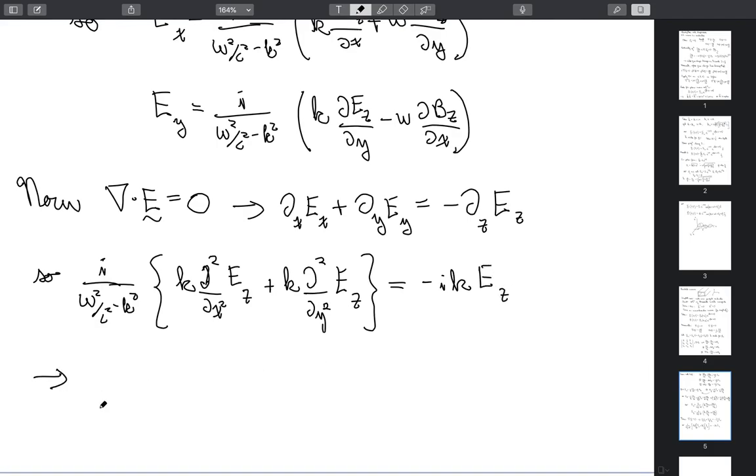If I simplify things a little bit, I can just get rid of the k here, because it's a common factor everywhere. I can remultiply by this thing here and put everything on one side.